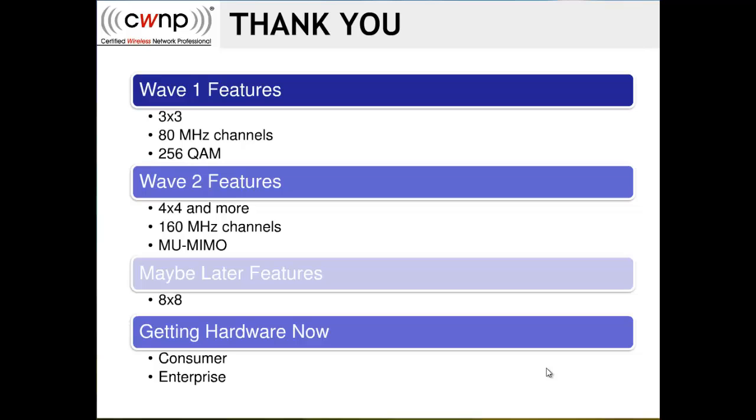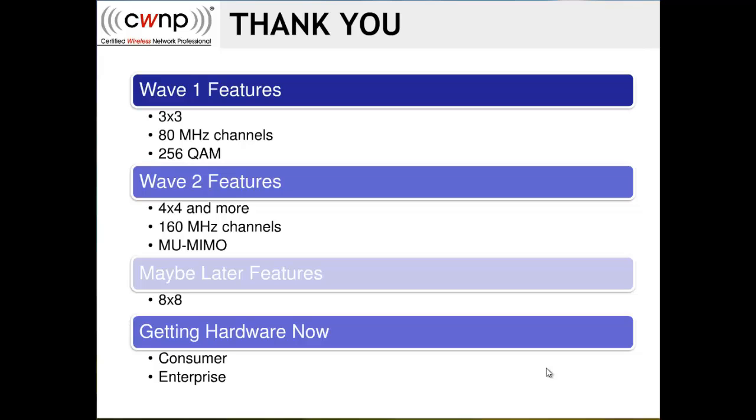Thoughts on coexistence with ABG beyond what we have available in N? Well, obviously your coexistence with BG is just exactly what you had in N. That's still going to be the same thing because that's all you'll have in 2.4 gigahertz. Coexistence with A and N in the 5 gigahertz, they're just going to be protection mechanisms. So just like now, if you have a 40 megahertz channel, you've got a primary 20 megahertz, and then a secondary 20 megahertz, right?